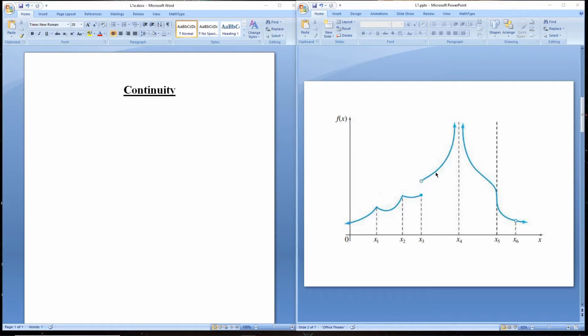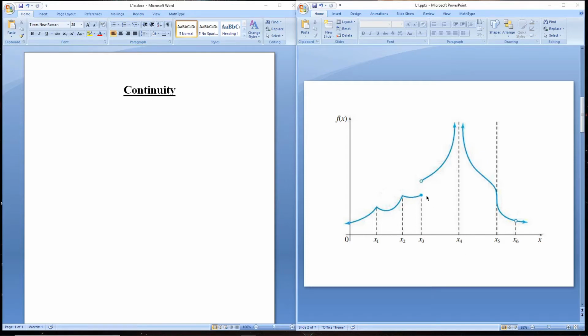And then if I draw my line again, we are approaching infinity here, and to get to the next part, I would have to pick up my pen to start drawing this next line. And so we would say it's discontinuous at x sub 4.